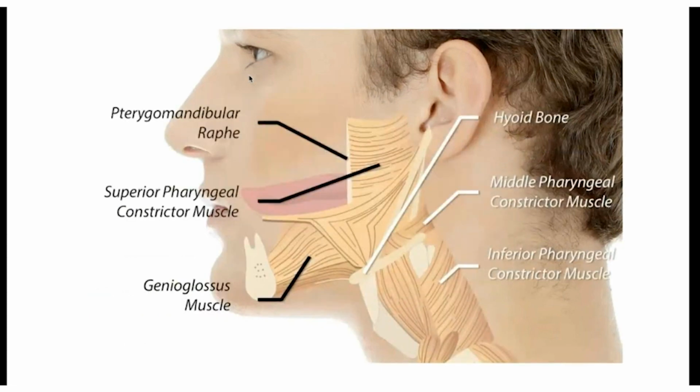In addition, you will be tightening that pterygomandibular raphe, which posteriorly is connected to the superior pharyngeal constrictor muscle. Also, as you bring that forward, you're going to be tightening the middle pharyngeal constrictor muscle and the inferior. So you're basically opening up the airway from the top to the bottom.